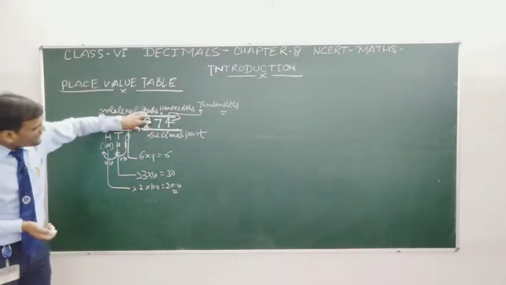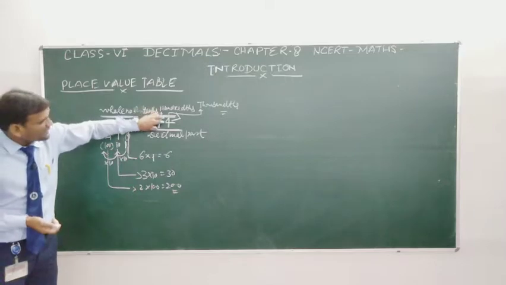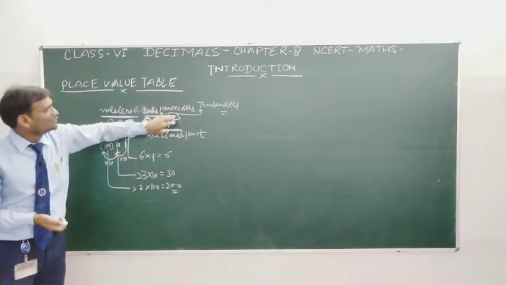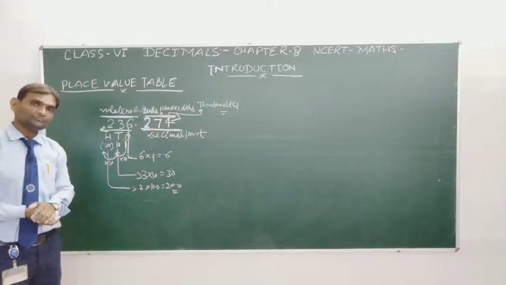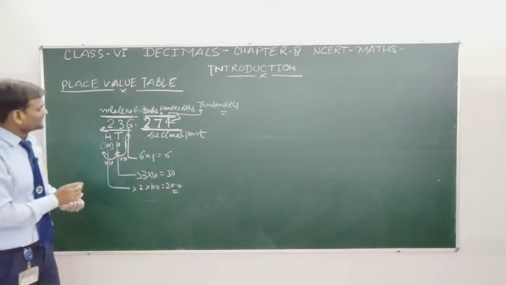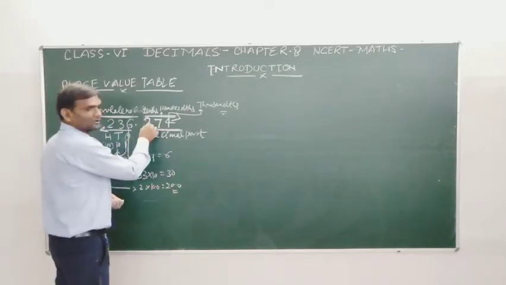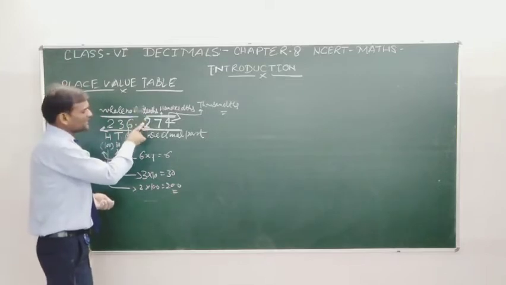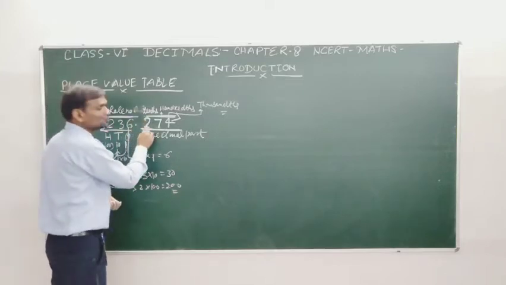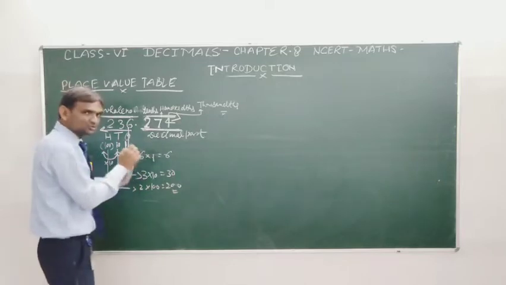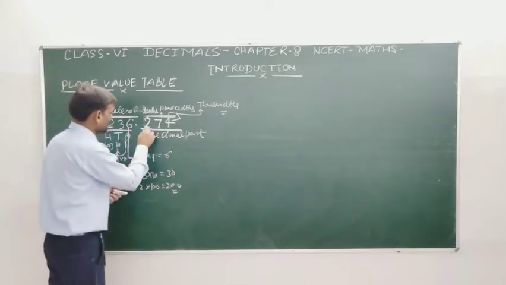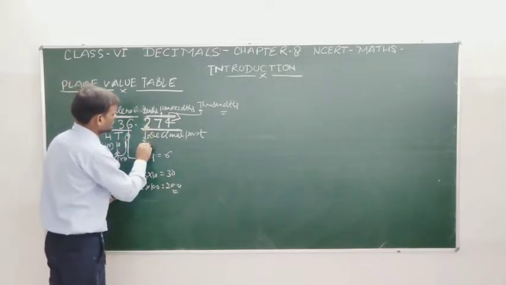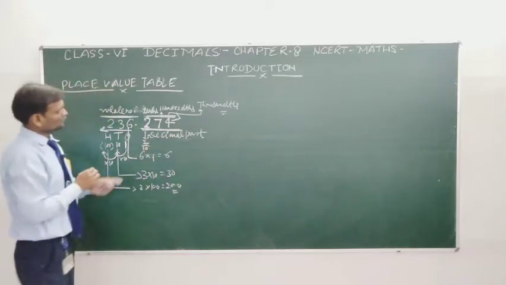What is the place value of 2? What is the place value of 7? What is the place value of 4? So student, 2 comes in the tenths place, so the place value of 2 is 2 tenths. It means 2 tenths is written as 2 upon 10.